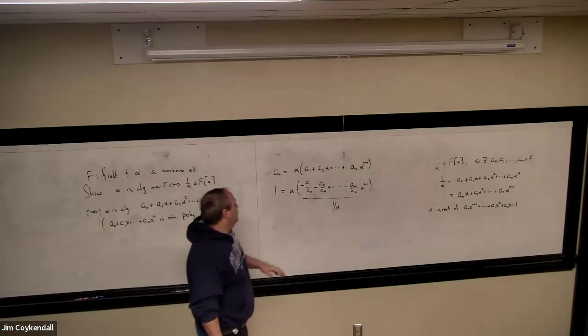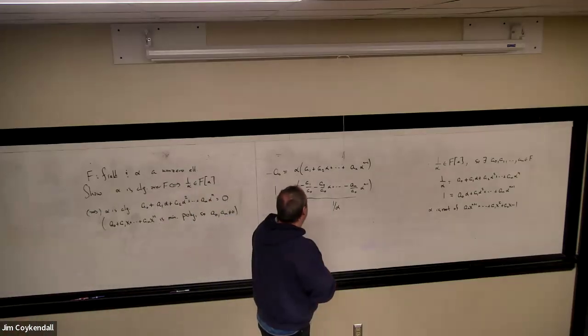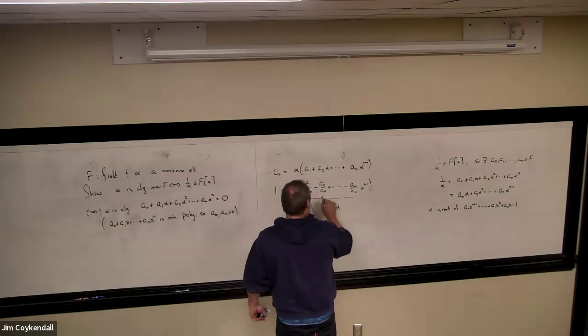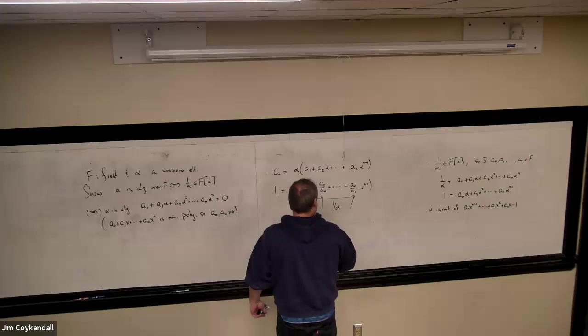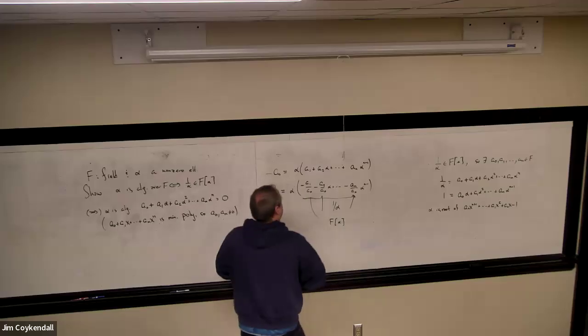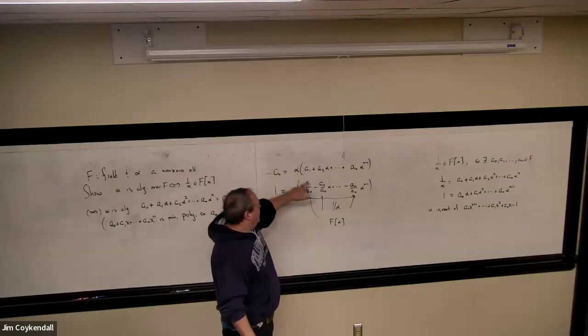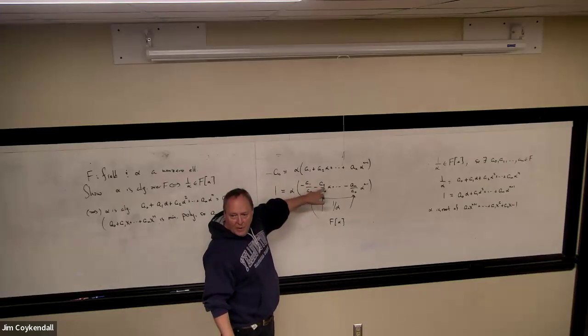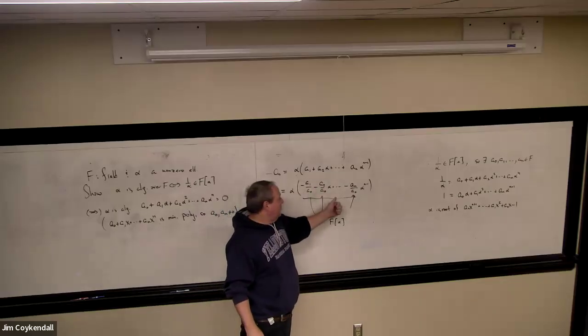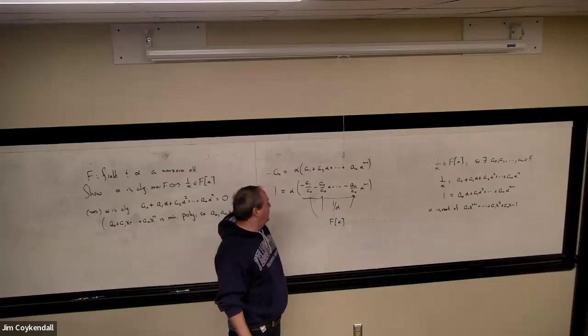You're right to ask about that, because what this means is, notice that this thing is, by definition, in F adjoined alpha, right? Because each ai over a0 is an element of F, and it's a linear combination of powers of alpha, so that's in F adjoined alpha.